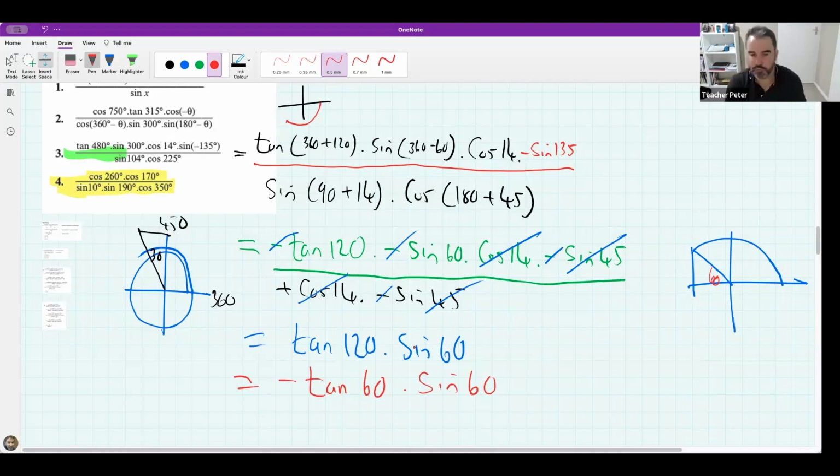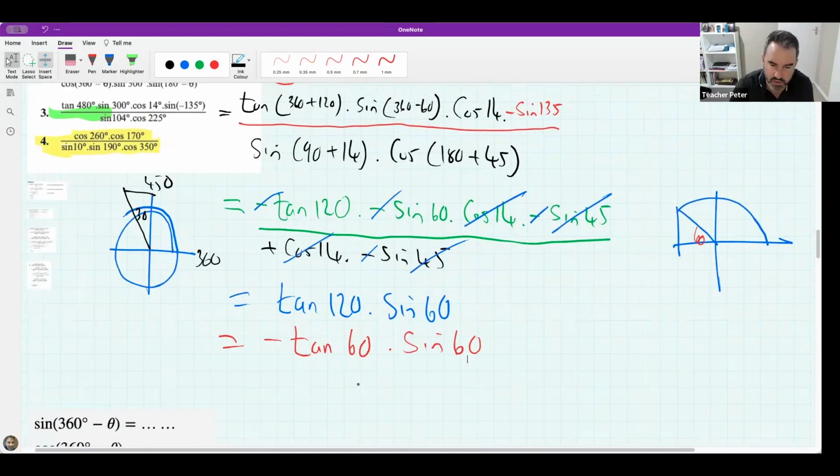But before we evaluate that, we can't just go straight to evaluation. We'll deal with identities more in the next one. So this is the triangle that you will use.